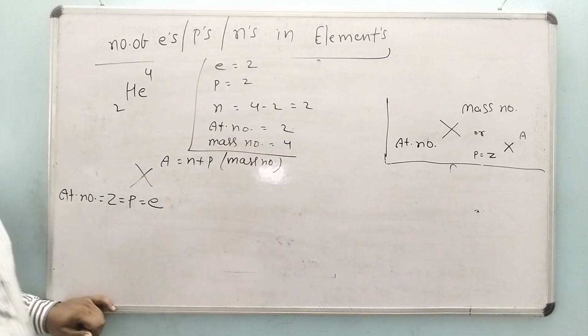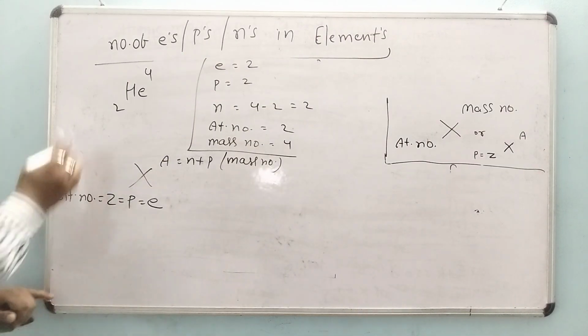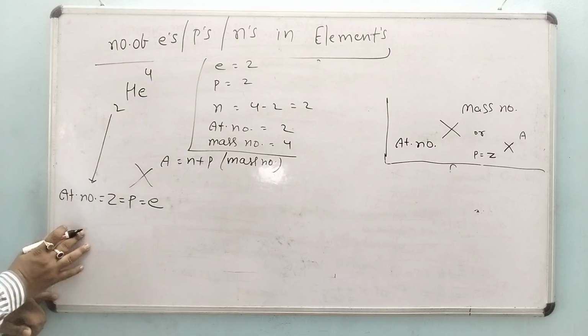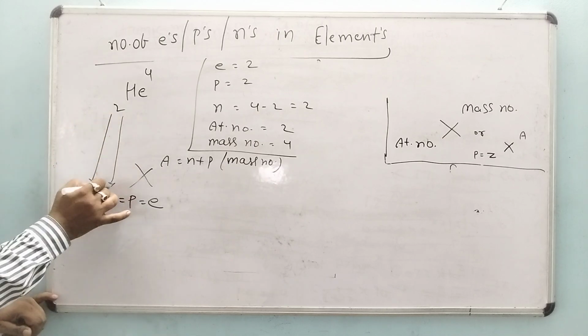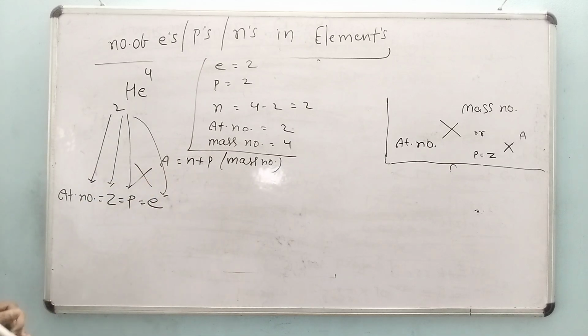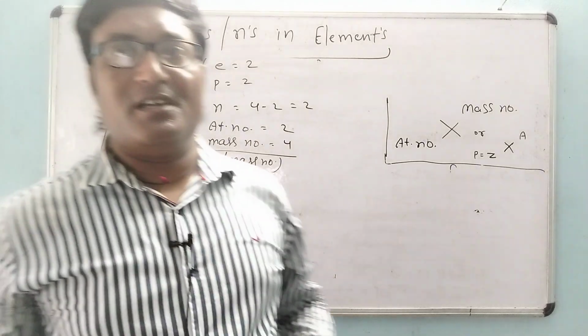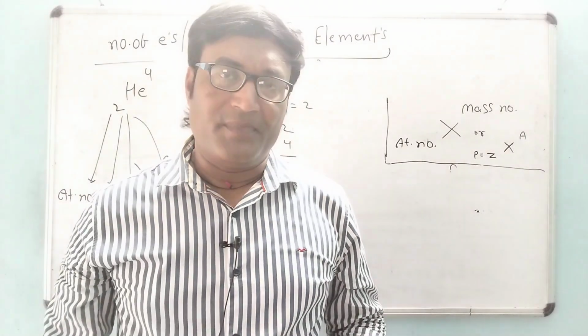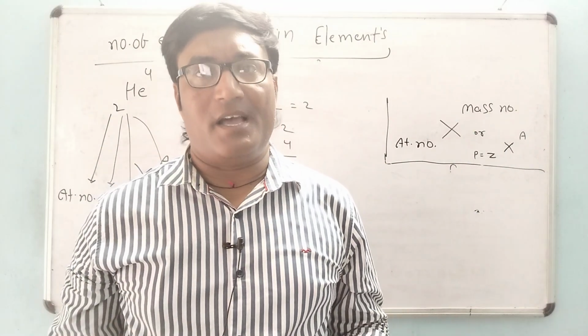This is the correct answer. Because this is the atomic number, this is Z, this is P, this is the number of electrons. So with the help of this formula we can solve any question on the basis of the number of electrons, protons and neutrons in atoms, molecules or ions.